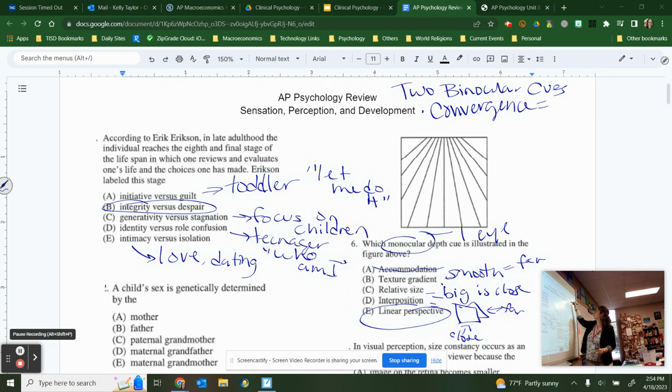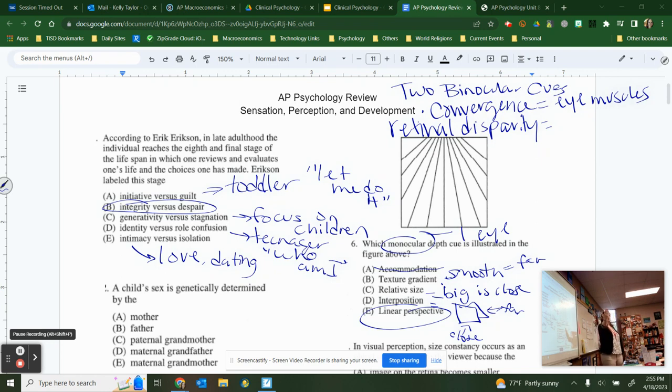So convergence is your eye muscles giving clues to your brain about how close things are. I can give you another clue: retinal disparity is the other one. What does the word disparity mean? Imbalance or different. Okay, so your retinas are getting two different visions of the world. The more disparity between those two things, the closer it is. If we were to stick one hand in front of your eyes and open and close each eye, one of those pictures is going to look very different than the other.